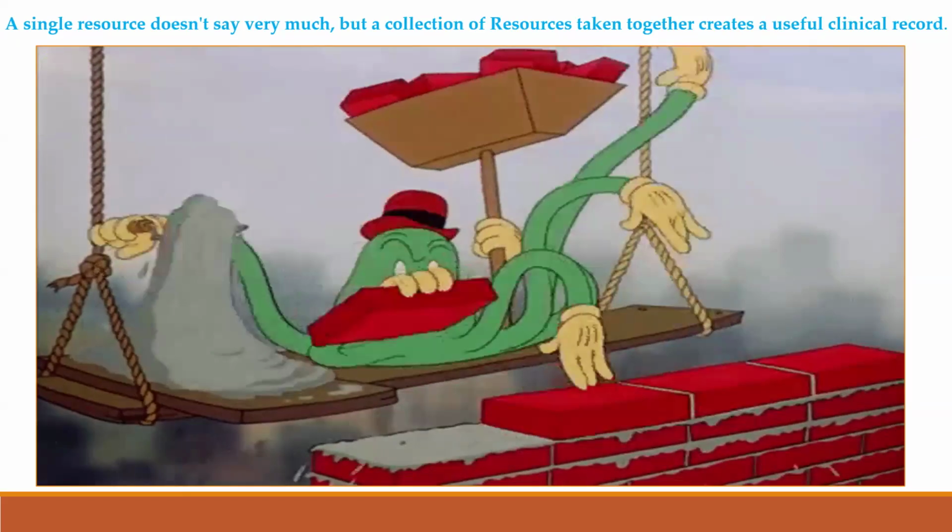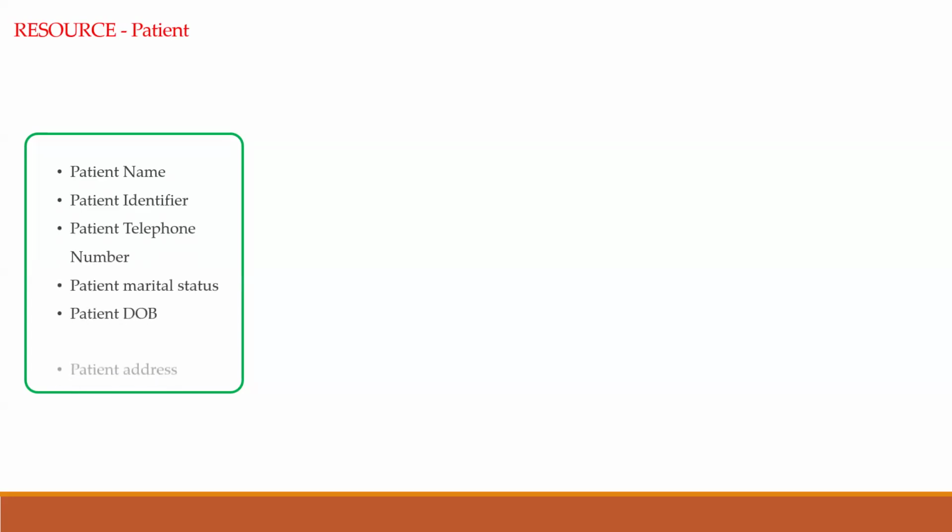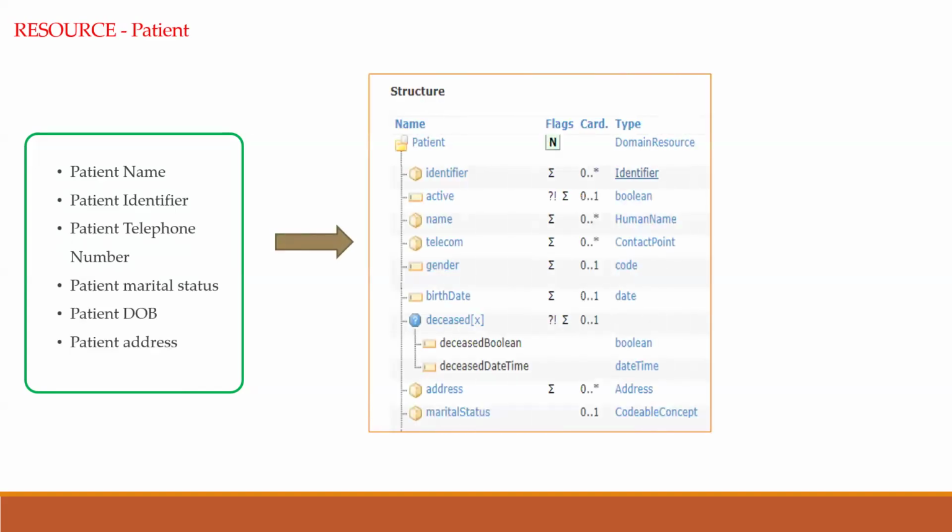So for one single resource, if you take patient as an example, you may have many details like patient name, patient identifier, telephone number, address, marital status, date of birth, and so on, right? And when we take a look at this particular resource in terms of FHIR, you can see that FHIR is defining all of these elements.